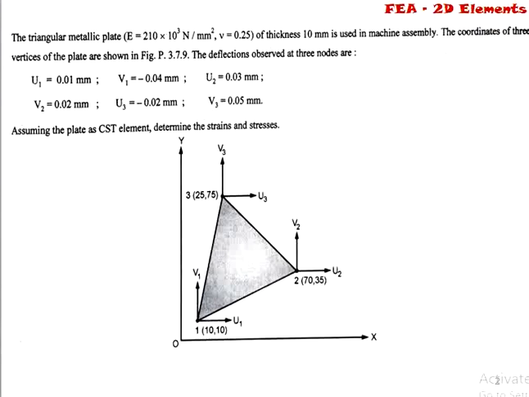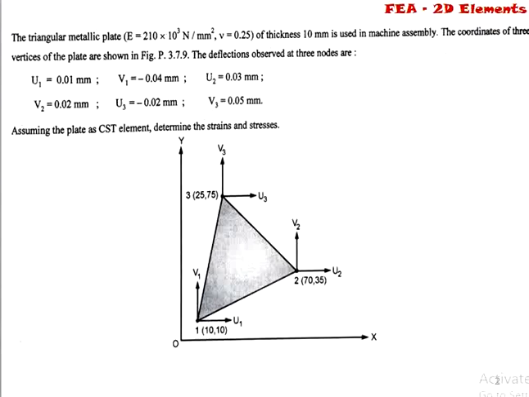The coordinates of the three vertices of the plate are shown in the figure, meaning coordinates x and y of nodes 1, 2, 3 are given. That is, first node 10, 10, second 70, 35, and third 25, 75.